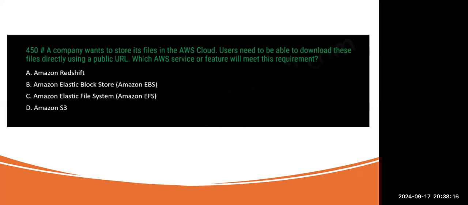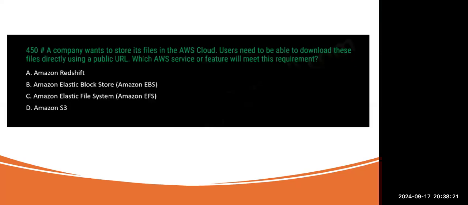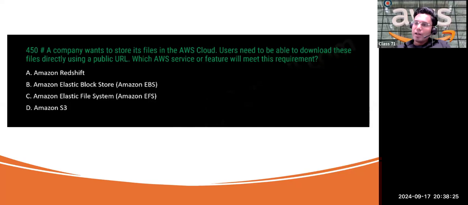Yeah. What do you think? Just think about it. It is D. Yeah, because a public URL is available in S3, not in Redshift. Redshift is data warehousing. Whenever you see the word warehouse, data warehousing, then Redshift. EBS is block storage for an EC2 instance.